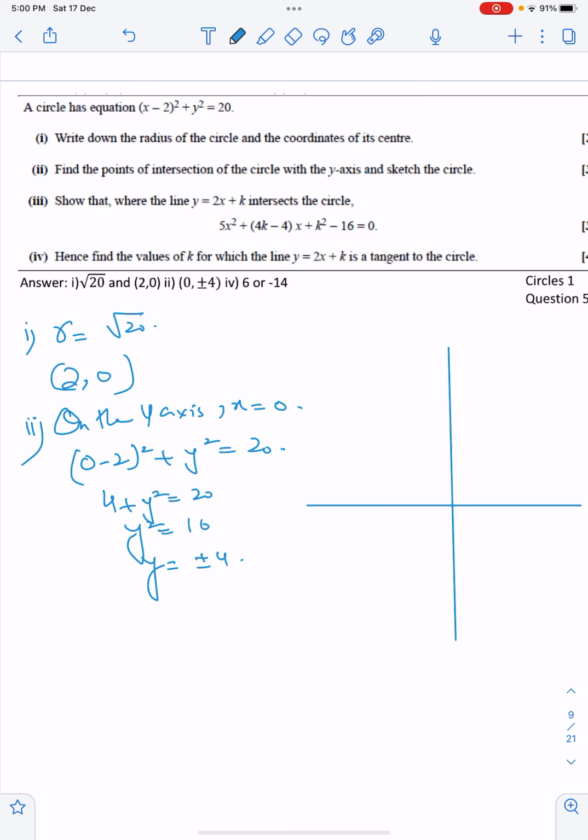The coordinates of the center are (2, 0). I'm just writing 2 here, assuming this is positive 4 and this is negative 4. And (2, 0) is this point, the center of the circle. So I have to draw a circle touching these points.